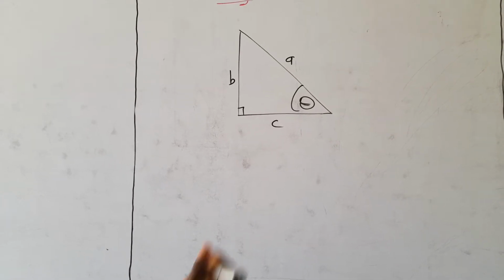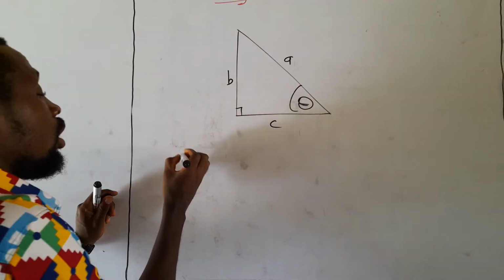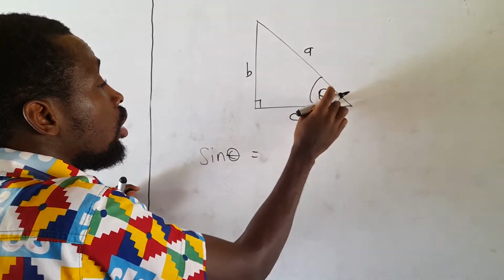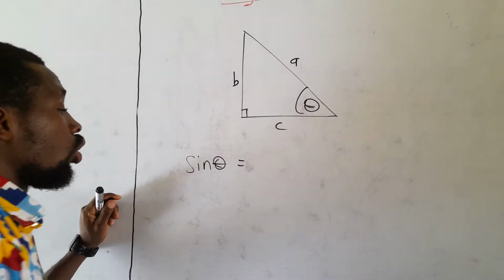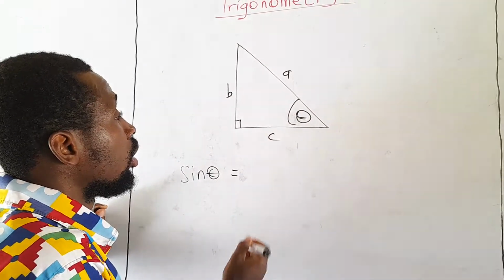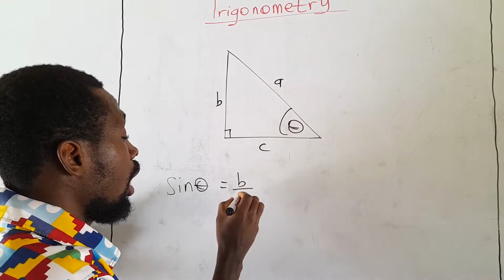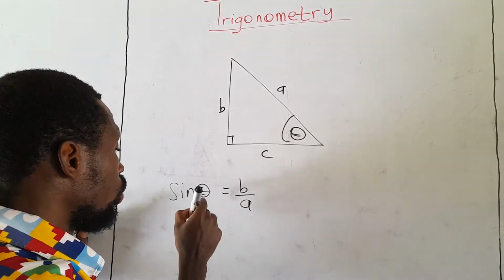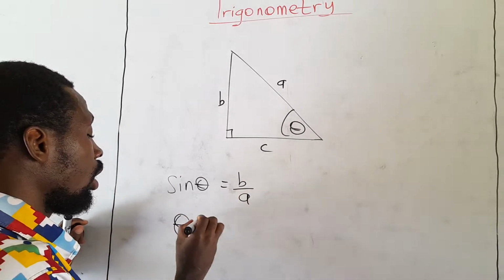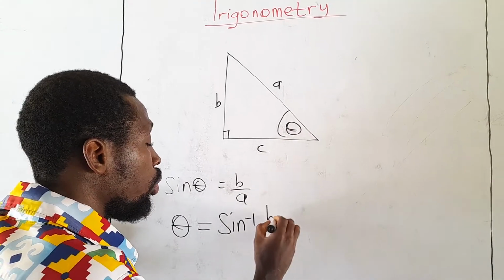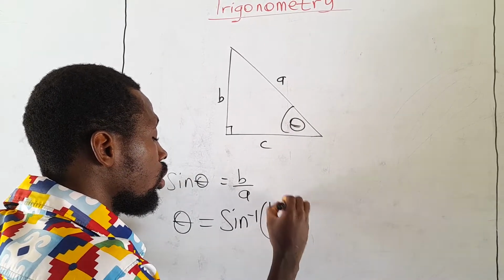To find the angle here, sine theta, the side against the angle is always the opposite. So sine of the angle is the opposite over the hypotenuse. To find theta, theta will just be sine inverse of the opposite over the hypotenuse.